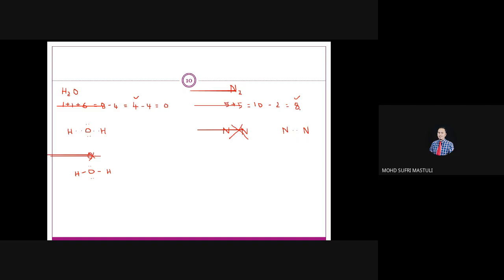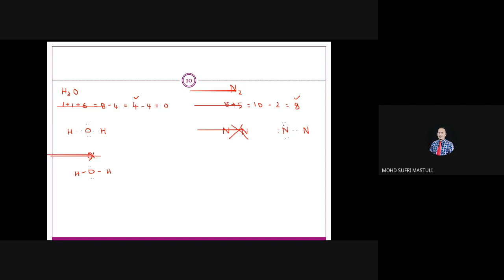So we distribute these 8 valence electrons in order for each nitrogen to achieve the octet rule, 8 valence electrons. This nitrogen already has 2 valence electrons, so it gets another 2, another 2, and another 2. So this nitrogen already has 8 valence electrons around it.